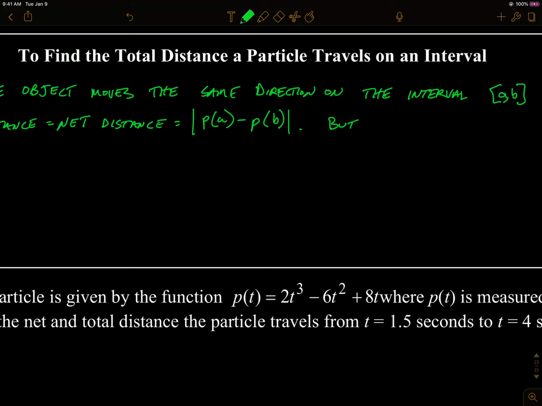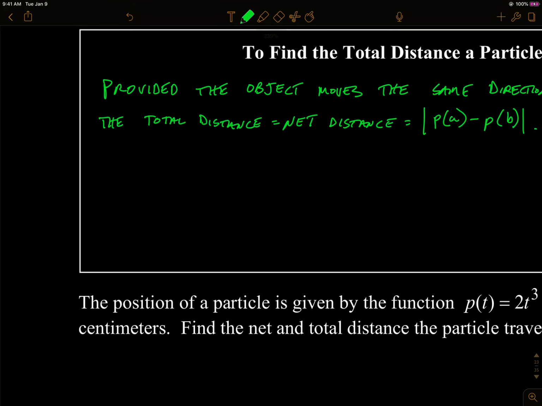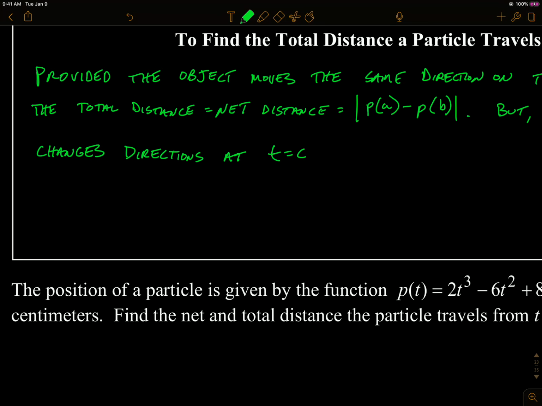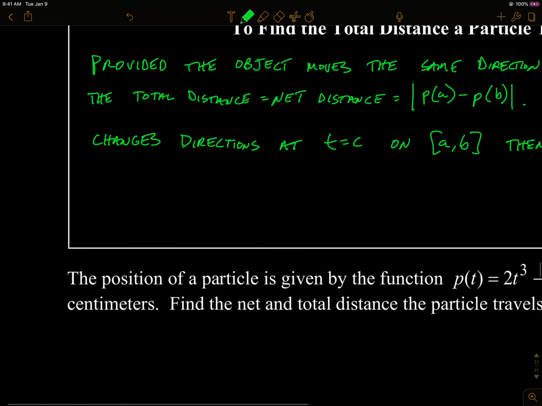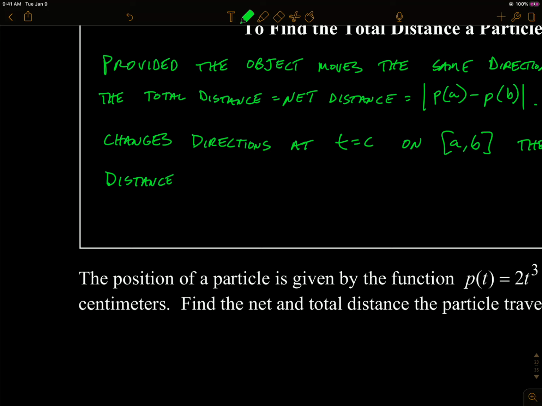But, so our part 2, if the object changes directions at, say, some time C on the interval AB, then total distance is equal to the absolute value of the position where it starts all the way up to the position where it changes direction, the absolute value of that, plus the absolute value of the position from that spot where it changed direction minus the final position where it ends up.